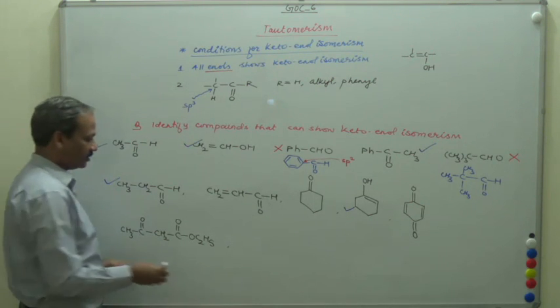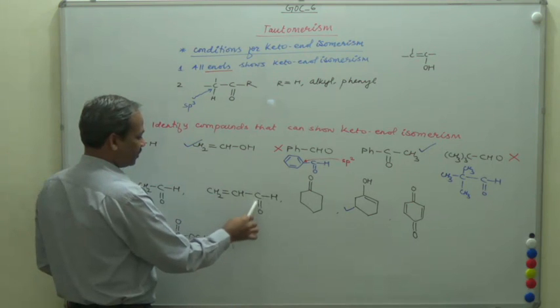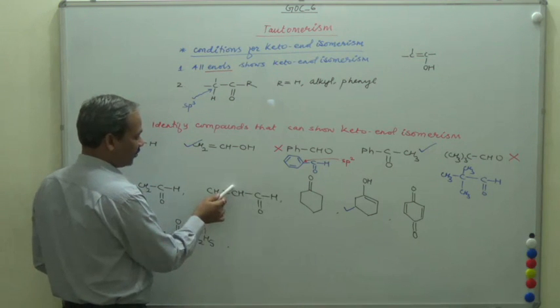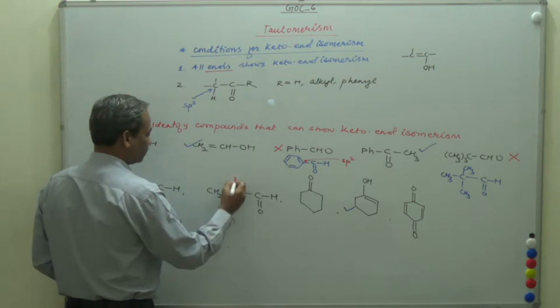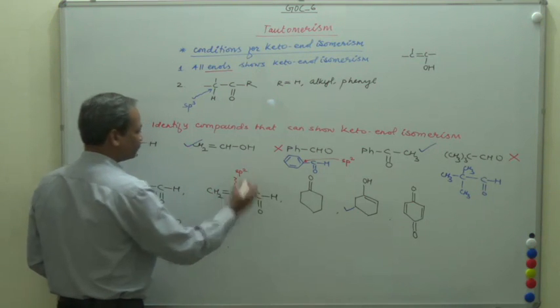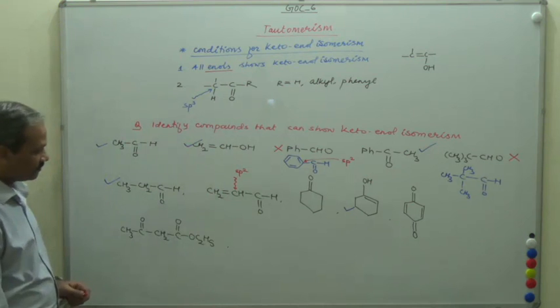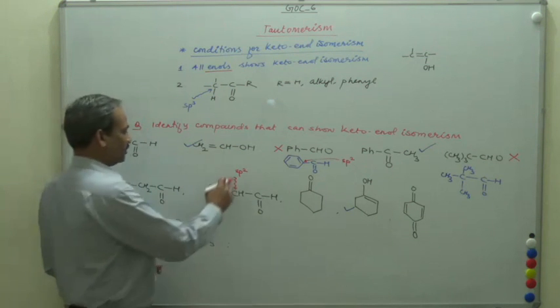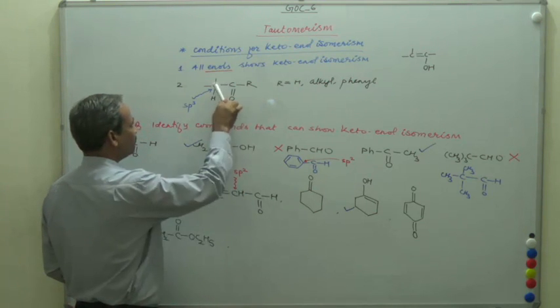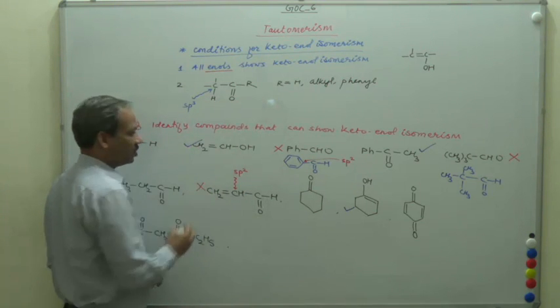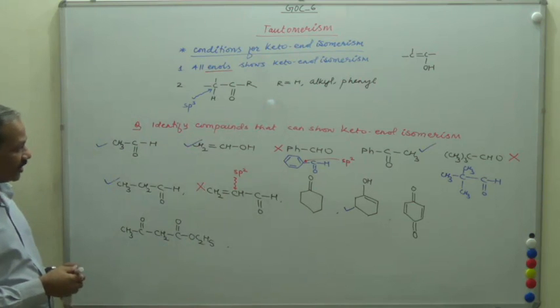Now in this case, here there is an aldehydic type C double bond O, and this is the alpha carbon atom, but it is not sp3 hybridized, it is sp2 hybridized. So this condition is missing, so it can't show keto-enol isomerism.